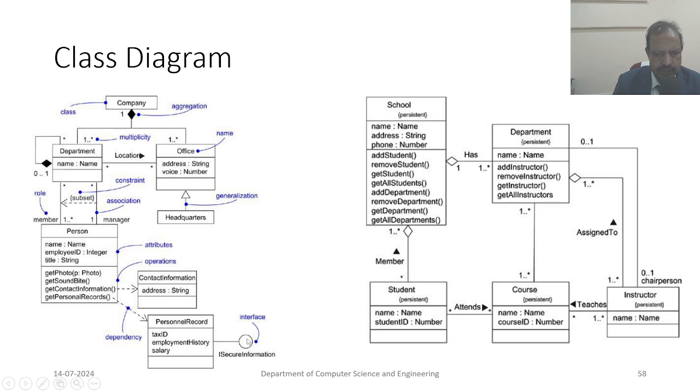Then it is realized using the interface, secure information. Here the company is an aggregation, a part and whole. When the company is the whole, the department is the part. Company is the whole, office is the part. Here the relation is "has". School has department, so this is also aggregation. I am putting it here.